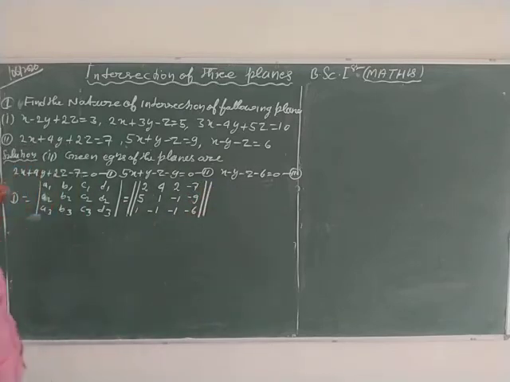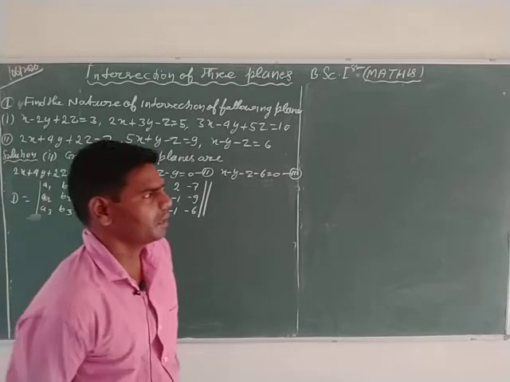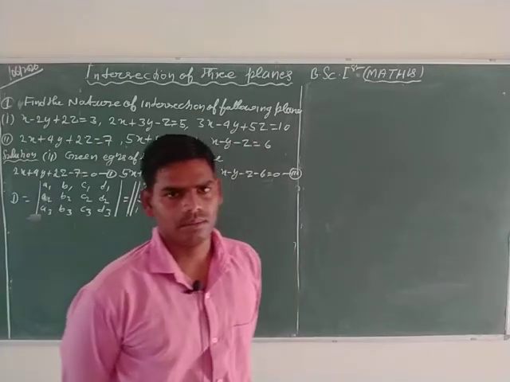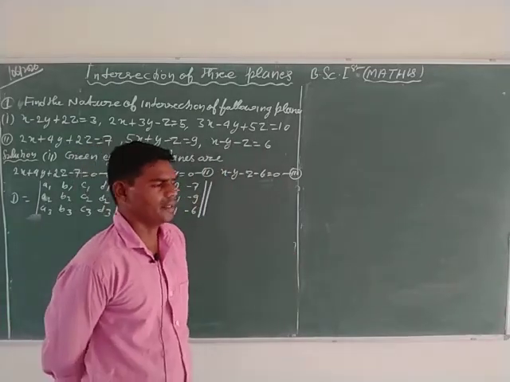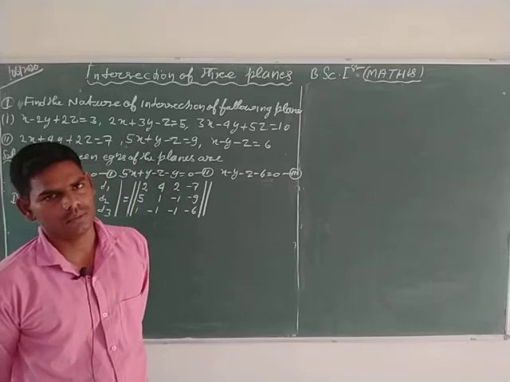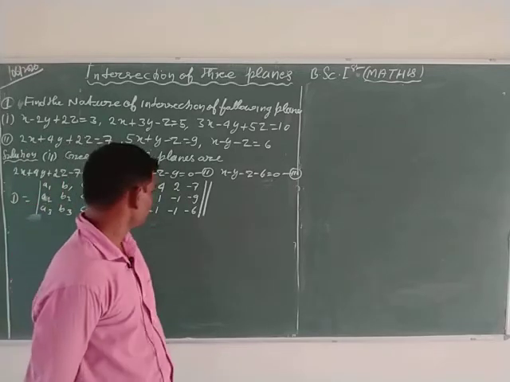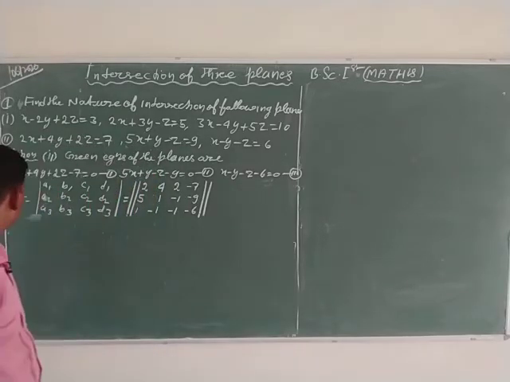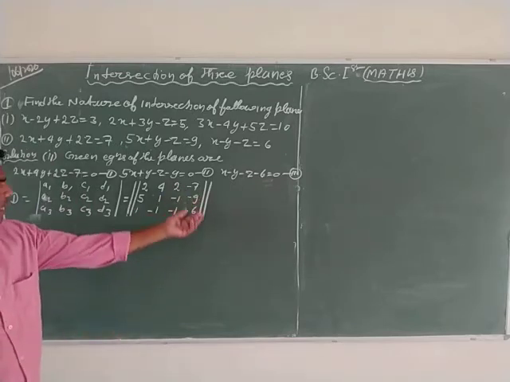This is the value of capital D. With the help of this, first calculate the value of delta 4. In the intersecting planes article, delta 4 is obtained from delta by eliminating the fourth column.